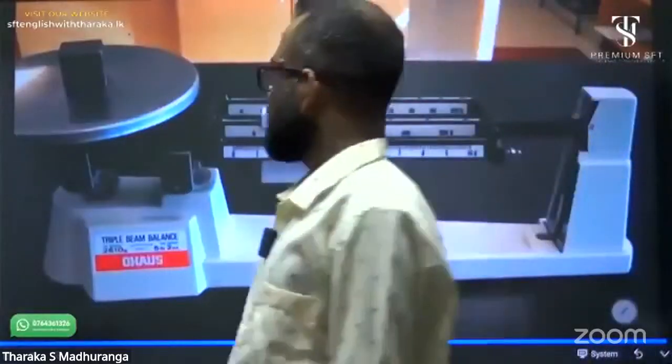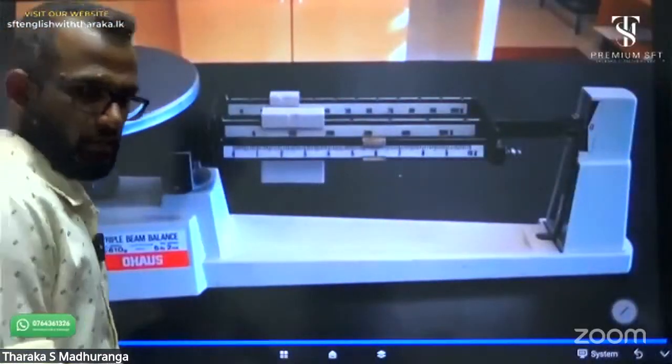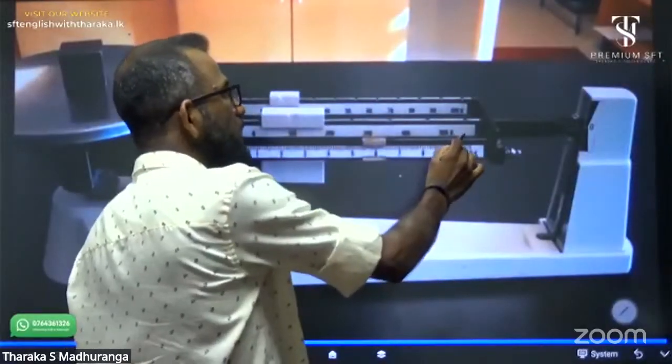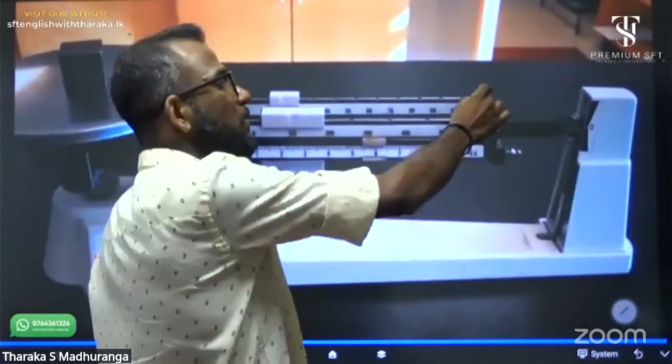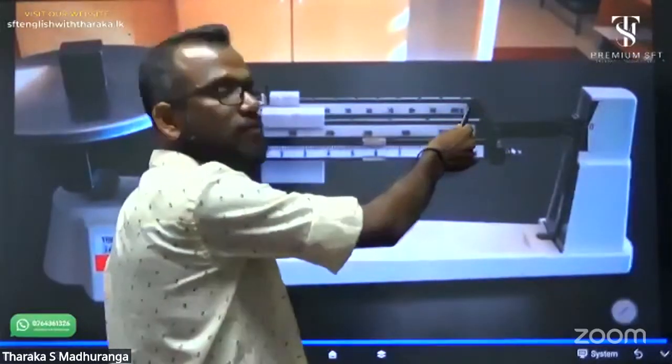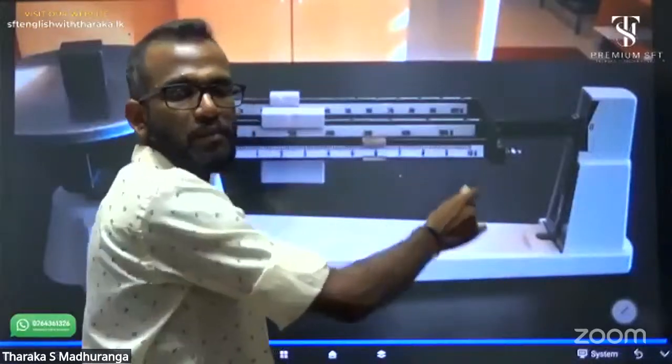Good, correct. By the middle beam, we can get up to 500. The final beam, only 100. 500 plus 100, 600. The first beam is 10.